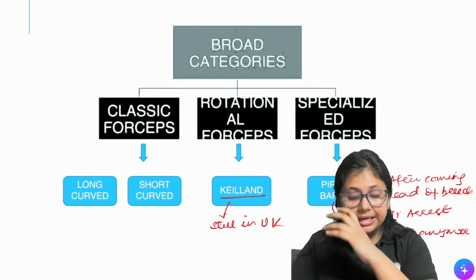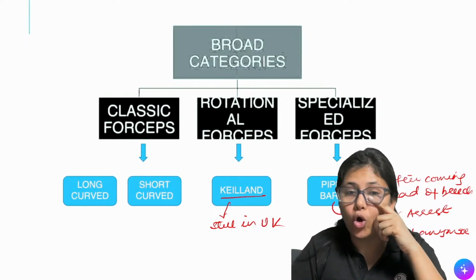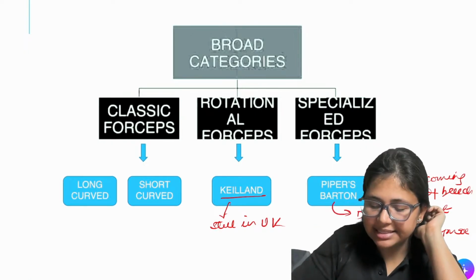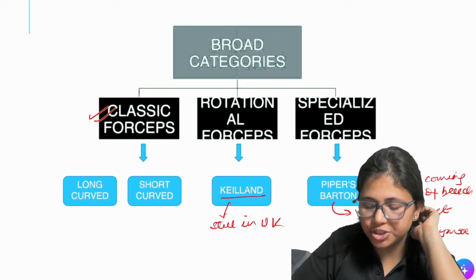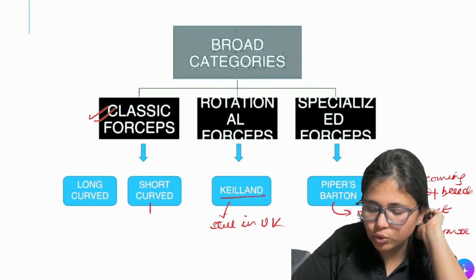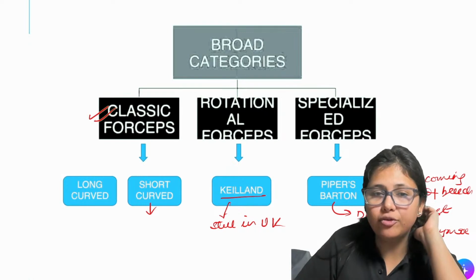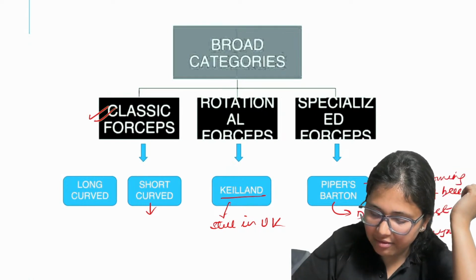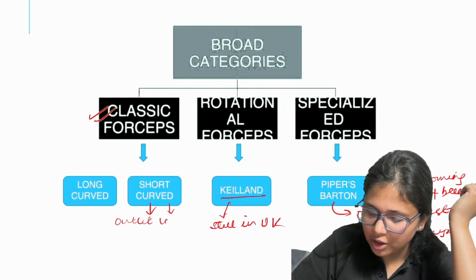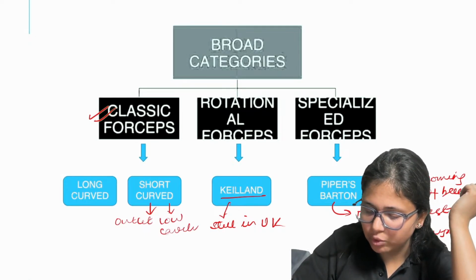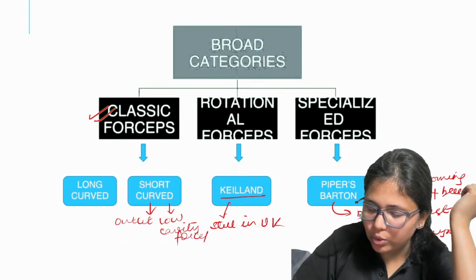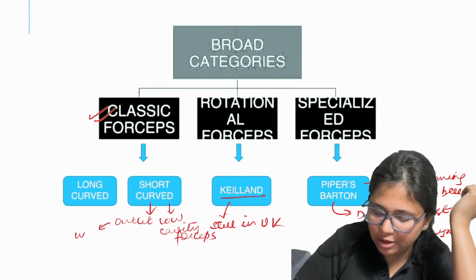Then there are the classic forceps, which can be long or short curved. So the classic forceps are the ones that we are using most regularly. And of this, we have two types. We have the outlet forceps, and then we have the low cavity forceps. So you should know the name of the outlet forceps. The one that is most commonly used is called the Wrigley's forceps.